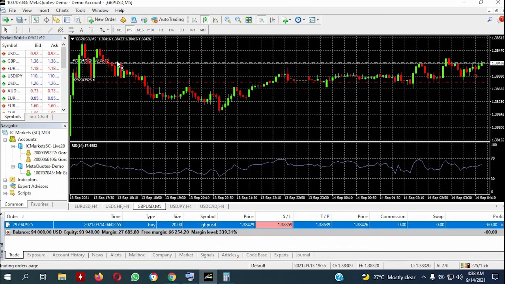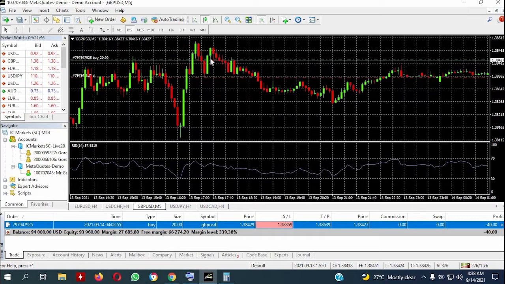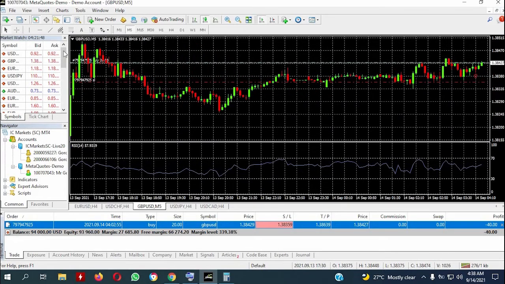Now we have an area right here which is posing some resistance. So we are watching this area carefully, as the market is expected to take out the last higher high. But that area of resistance, we have to watch it because depending on how strong that area is, the market can also reverse.